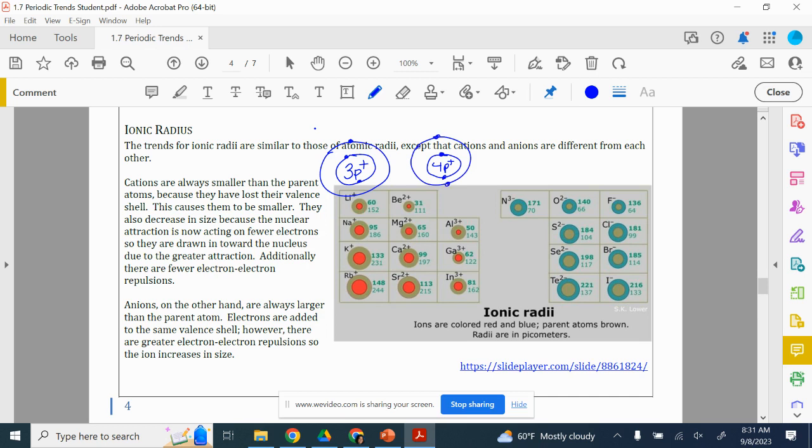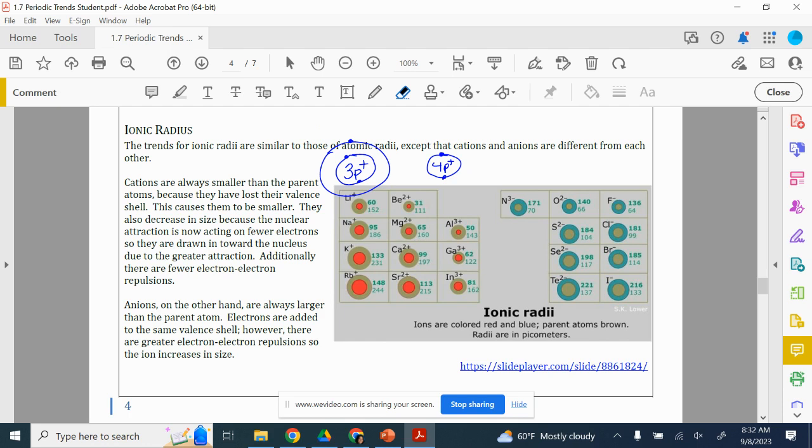Good? If I pull 2 electrons away from beryllium, it's going to look like this. Yes? I have 4 positives pulling on 2 negatives.